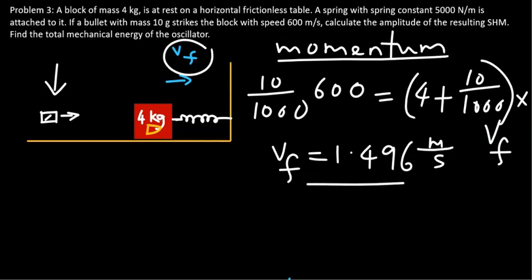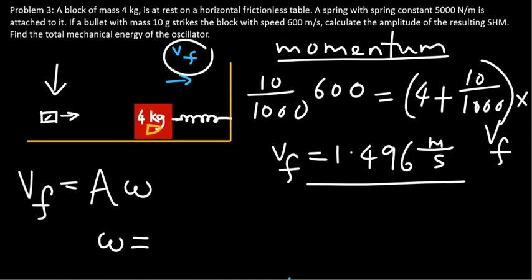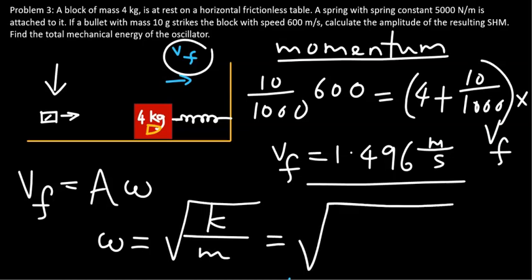Now this v sub f is the maximum speed of that simple harmonic motion. So we know the maximum speed is equivalent to the amplitude of the motion times the angular frequency of the motion. Now what is the angular frequency of the motion? The angular frequency of the motion is the square root of the spring constant over mass. Now we know what the spring constant is. It's 5,000.